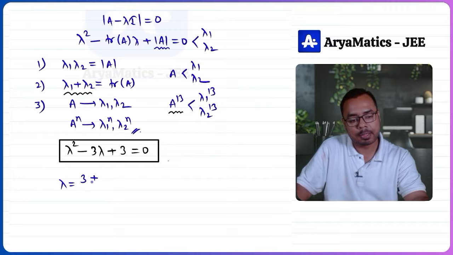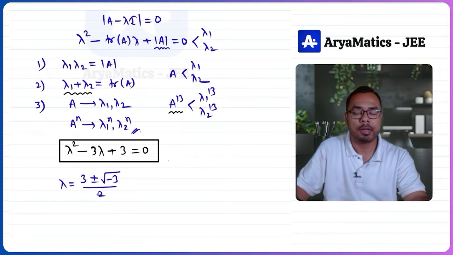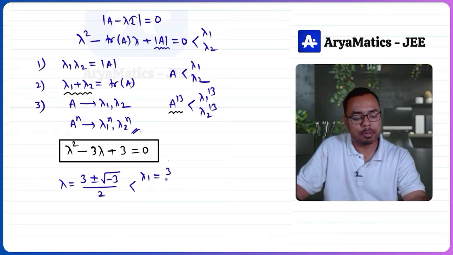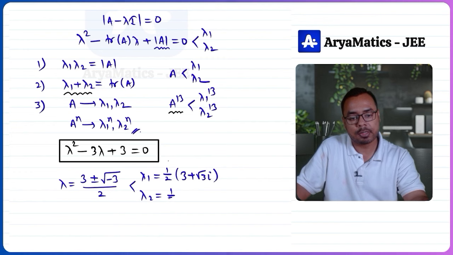The roots will be minus b plus minus root over b square minus 4ac, divided by 2a. So one of the eigenvalues, with 1 by 2 taken outside, is 3 plus root 3 iota, and the other eigenvalue lambda 2 is 3 minus root 3 iota.